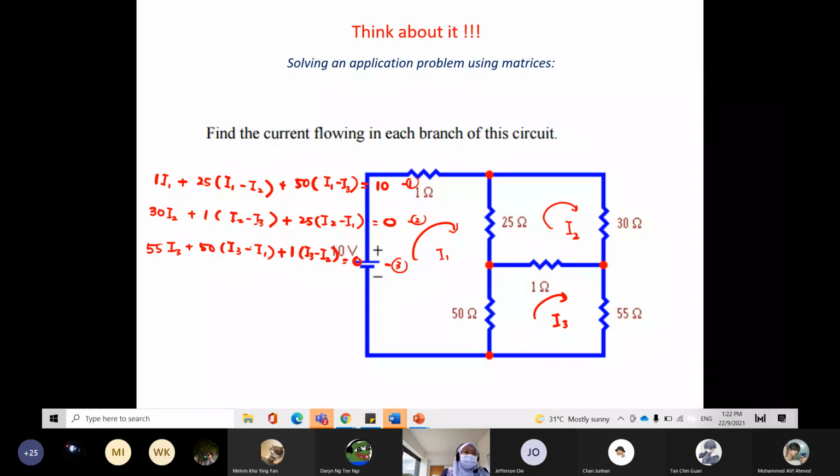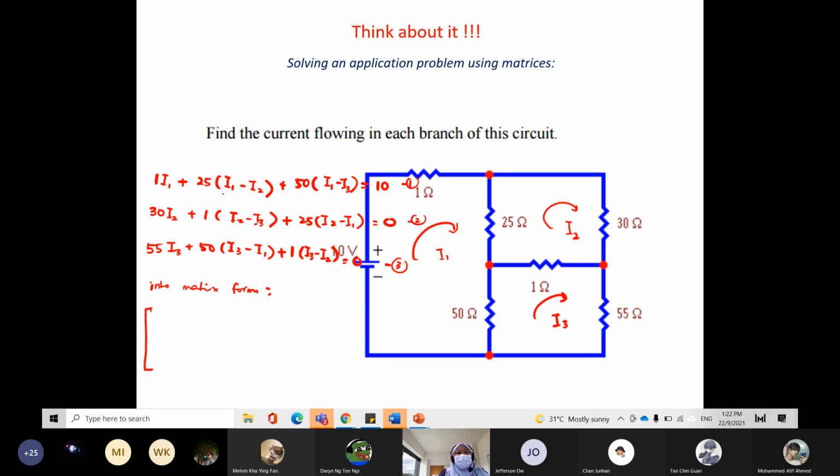Okay, so the 3 equations we may put into matrix form. Same thing. Take the coefficients and then put into matrix form.